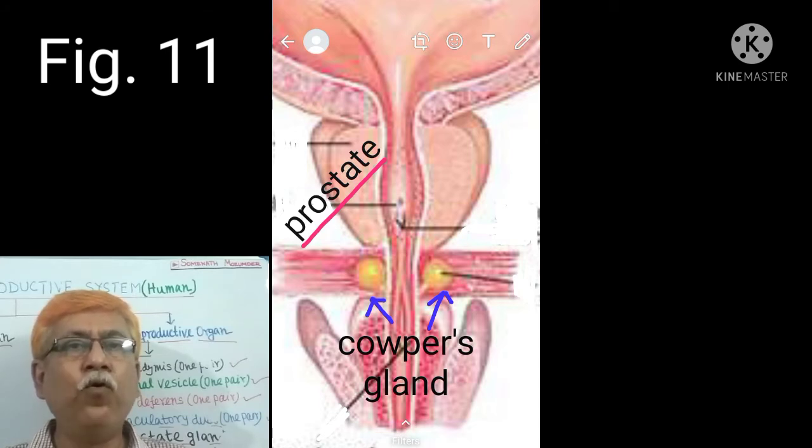They have their own ducts, which empty into the urethra. Function: it secretes a fluid during sexual arousal which lubricates the urethra and neutralizes the acidity of the urethra.